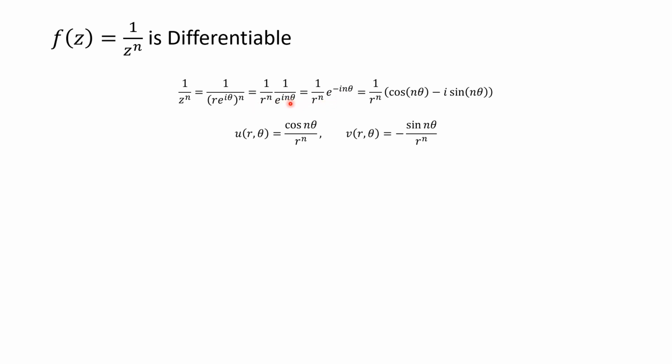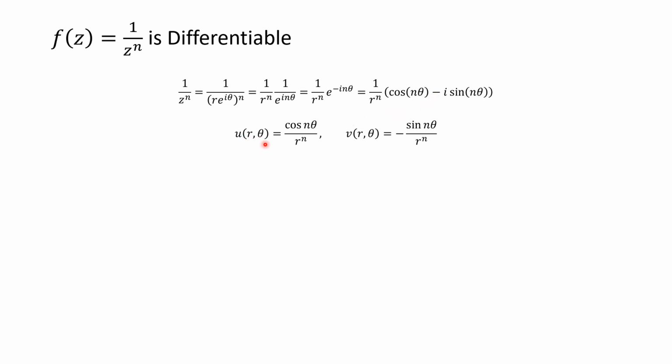And then we can bring e to the i n theta to the top, putting a minus sign here. And then this is using Euler's formula, cosine n theta minus i sine n theta. And remember, the cosine of the negative of an angle is just the cosine of the angle, but the sine of the negative of an angle is negative sine of that angle. That's why we have the minus sign here.